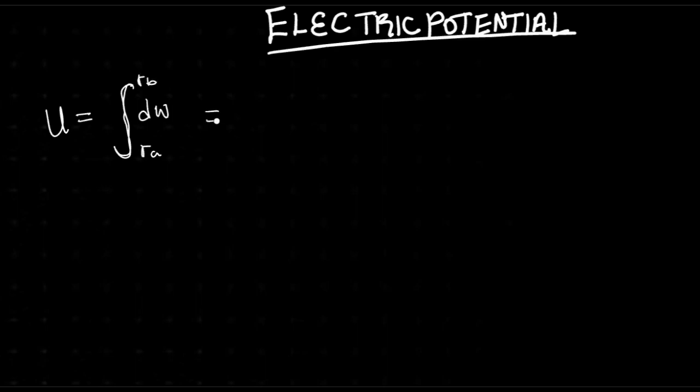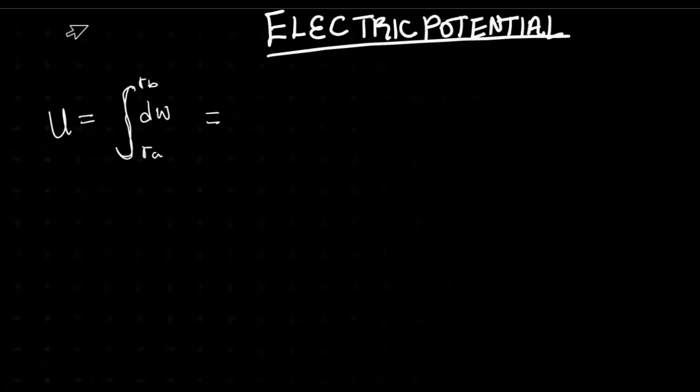So remember that work dW is equal to, now remember work is equal to force F times distance. This distance now we take a small infinitesimal distance, right? Yes. And let's call it dr. Are we getting it? So we substitute, this becomes the integral of F dr over r_A to r_B.